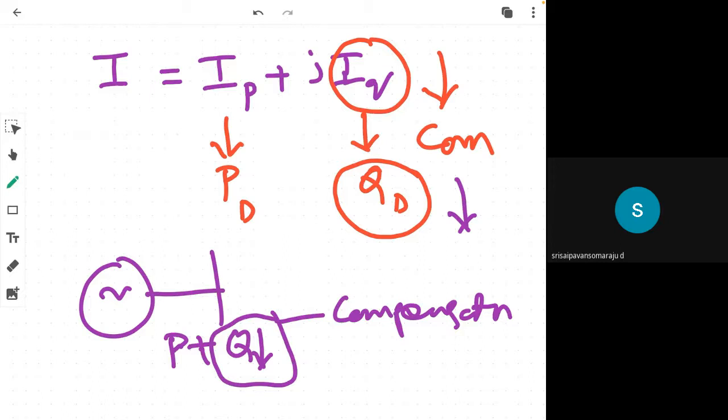So by placing compensators at different load points of the power system, it is a simple system.